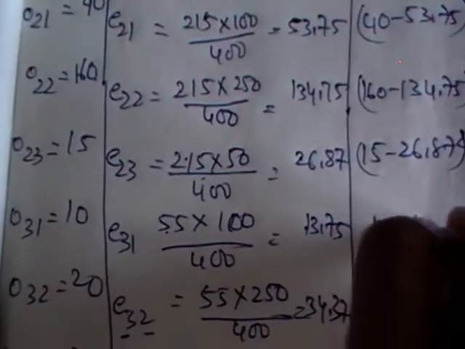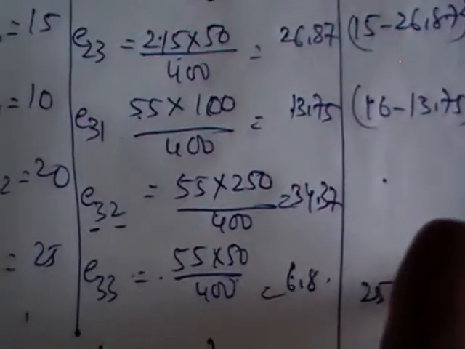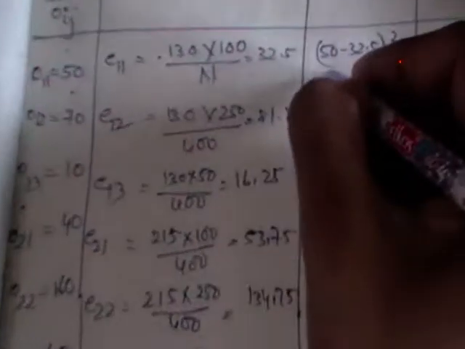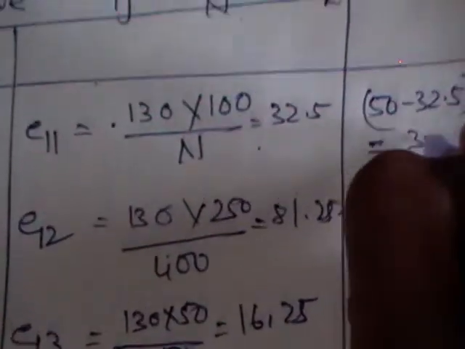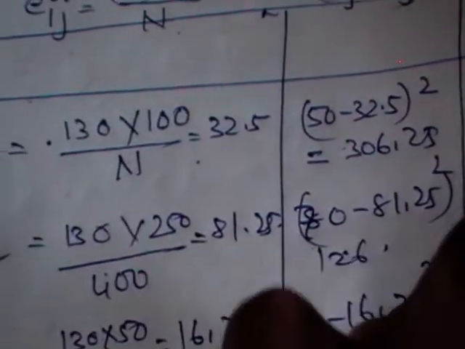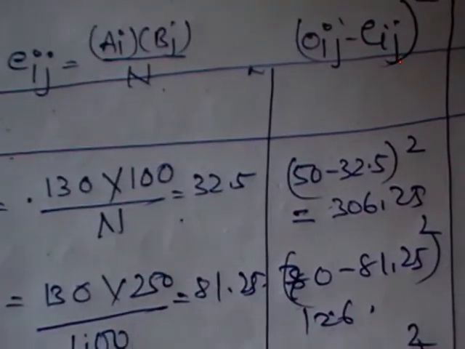10 minus 13.75 whole square, and so on, 25 minus 6.875 whole square. You calculate all these values. I think you will get a value here of 306.25. Write all these values.